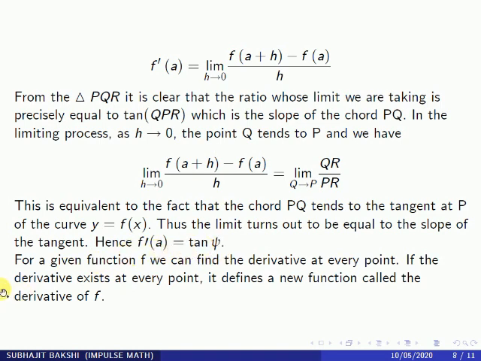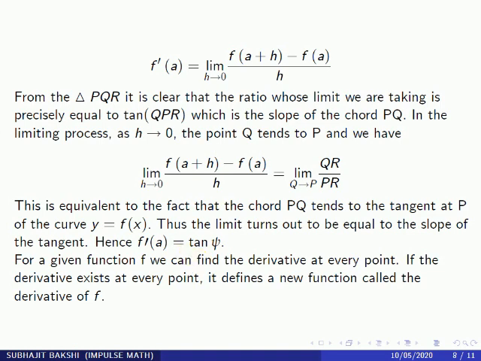For a given function f, we can find the derivative at every point. If the derivative exists at every point, then it defines a new function called the derivative of f.